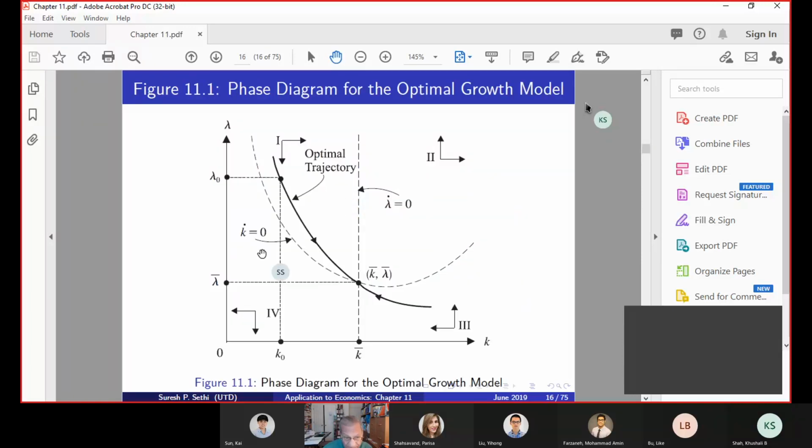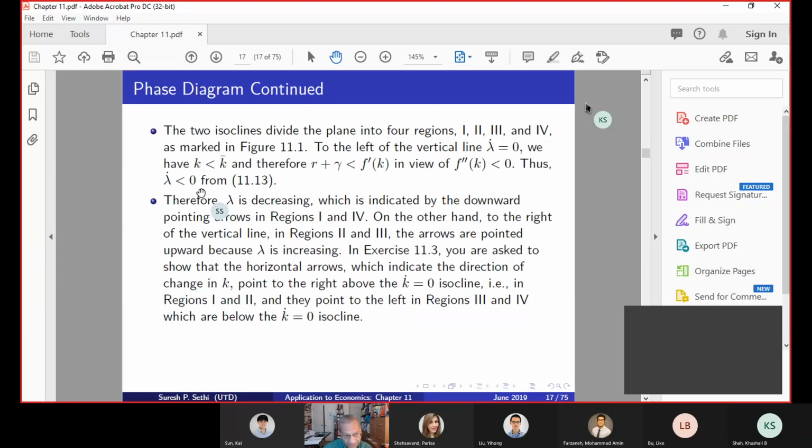So what did we get? We're saying on the left side, for any point, lambda is going to decrease. So you see lambda is decreasing and lambda is decreasing. Similarly, on the right side, from the same argument, lambda is increasing and lambda is increasing. So we already got half of these 8 arrows, okay? So we got that.